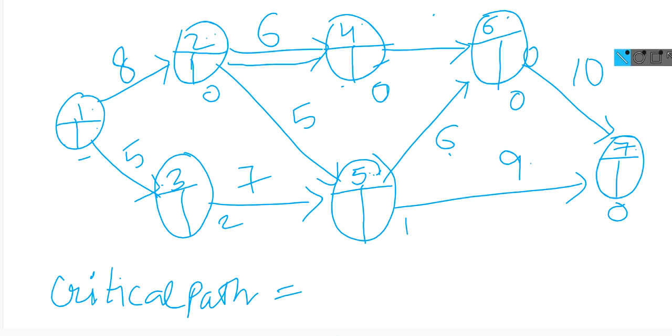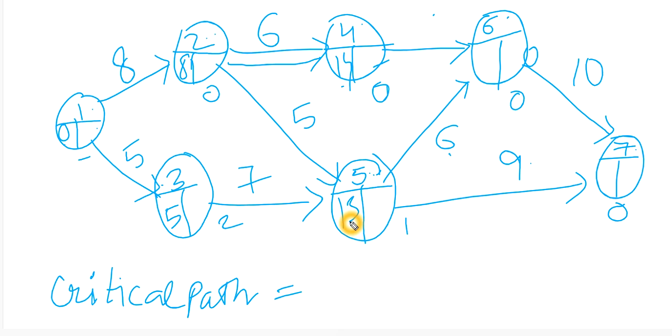So 0 plus 8 is 8, 0 plus 5 is 5, 8 plus 6 is 14, and 5 plus 7 and 8 plus 5, again we'll take the larger one, that is 13.